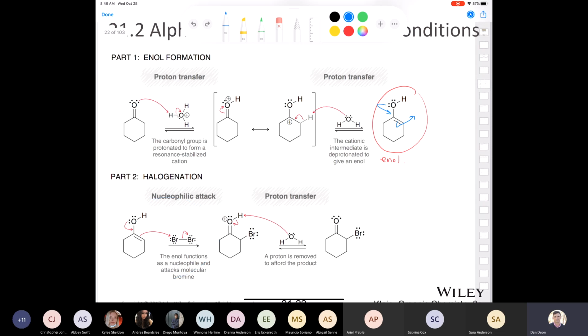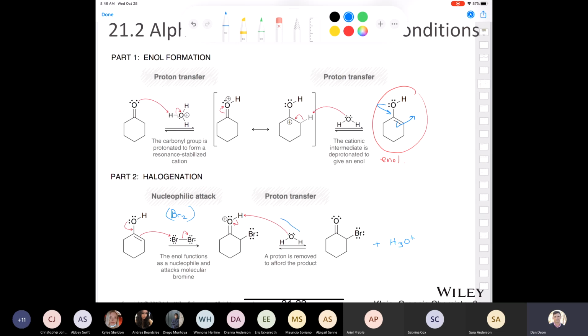It's reacting as a nucleophile towards what? Towards bromine. And then we end up doing a proton transfer with the conjugate base of hydronium, which is water. We started with hydronium. And so you notice that not only do you produce this alpha bromoketone, but you also end up making more hydronium.